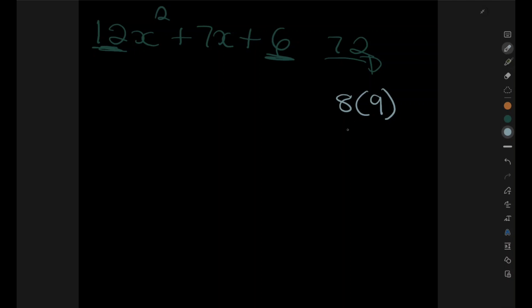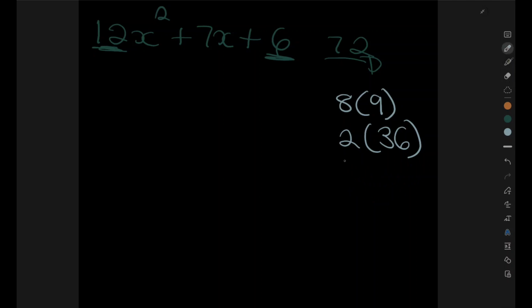I know that 2 and 36 give me 72. I know that 4 and 24 give me 72. Sorry, I think I made a mistake somewhere here. No, 4 times 24 doesn't give me 72. That's wrong.